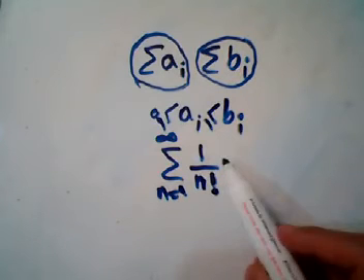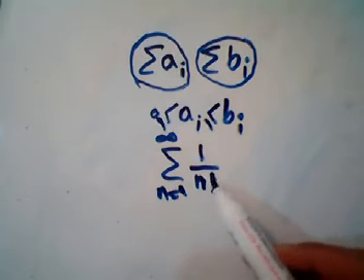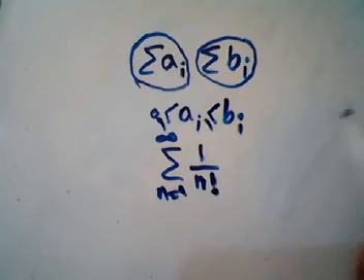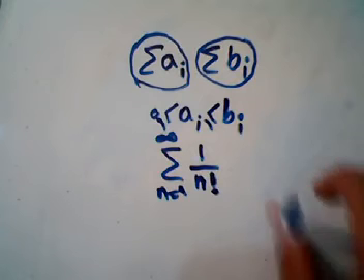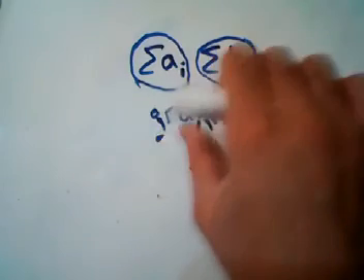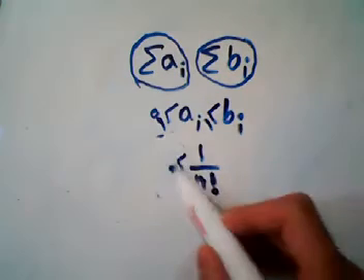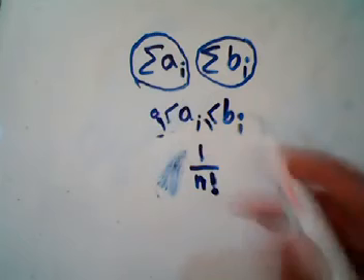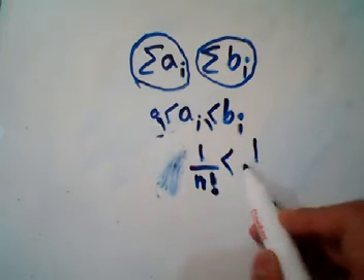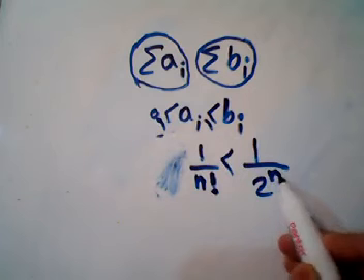Now, in order to find whether it is convergent or not, this is positive, okay, and it is smaller than 1 over 2 to the power of n minus 1.